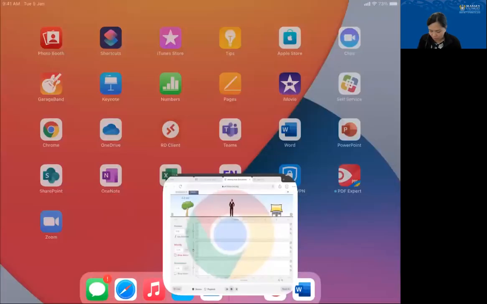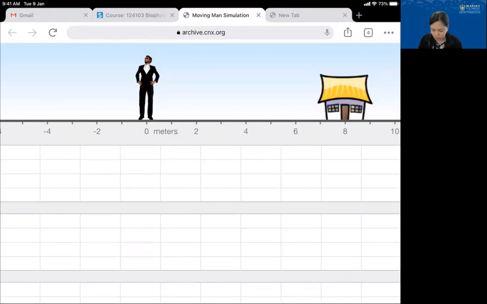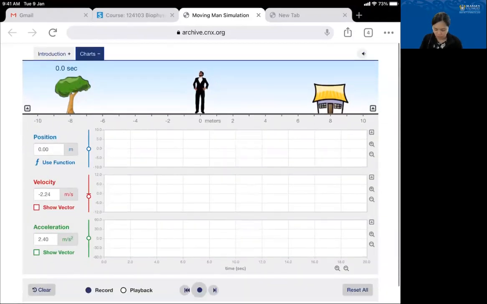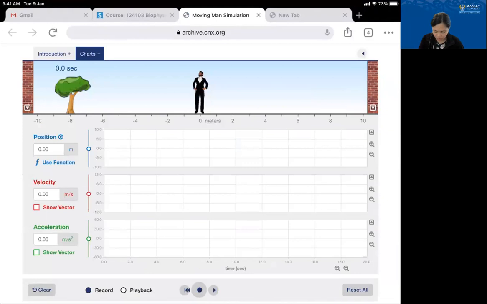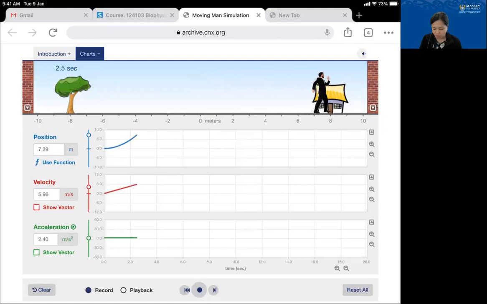So say you have this moving man PhET simulation, and you put an initial positive acceleration for your moving man, and try to investigate how his position, velocity and acceleration time graphs look.